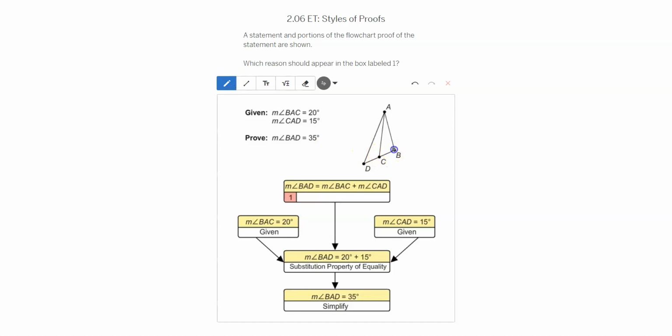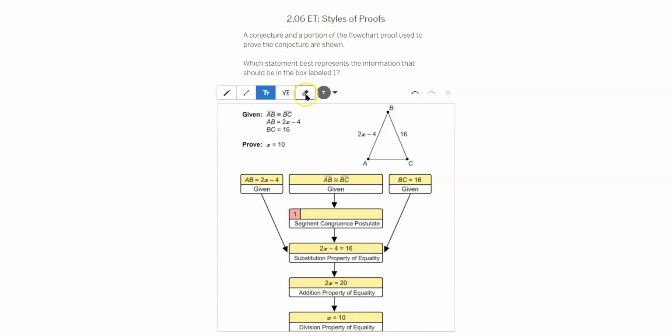We're going to say that this right here plus this right here is equal to this right here. We can do that because of angle addition postulate. So let's put that in our first box. There you go.